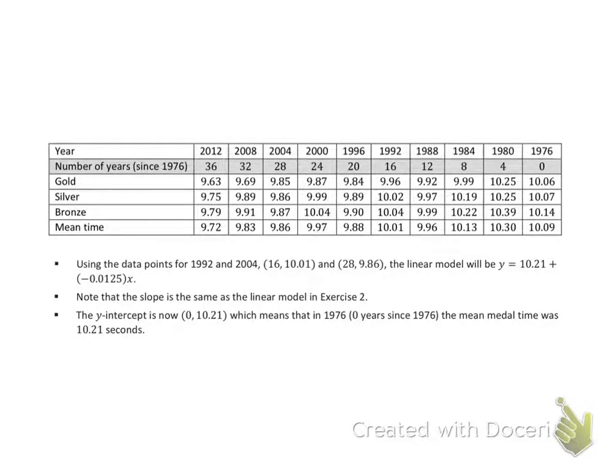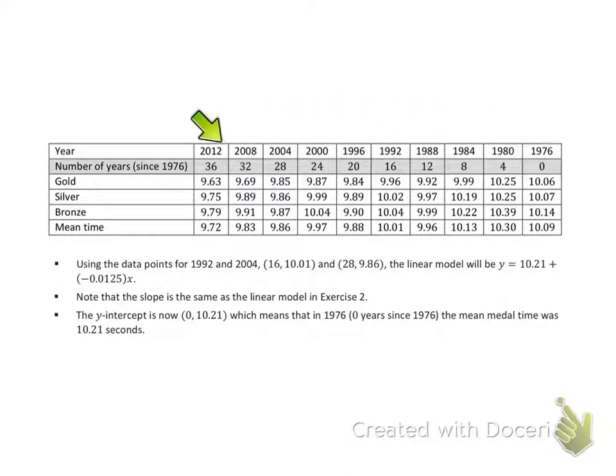Okay, before you head off to the problem set, I want to show you something that is commonly done with these functions, and this would be a way to make the y-intercept make sense for this problem. So notice this is the same data table that we had for the 100-meter race, mean medal times, except that they've changed how they number the years.